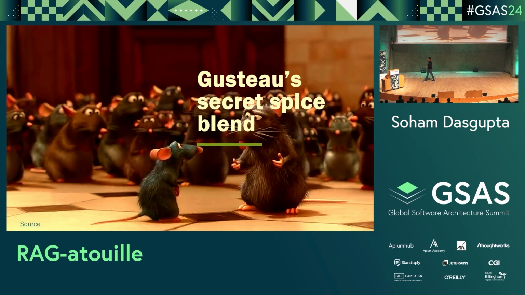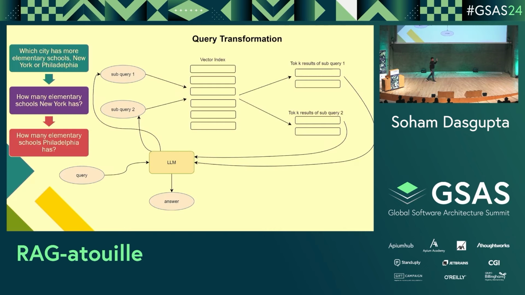The last 2 sections of my presentation are on advanced RAG. So I'm going to talk about 3 advanced RAG patterns. The first one is query transformation. It is very simple to understand, but it is equally difficult to implement because you never know how you create those queries.